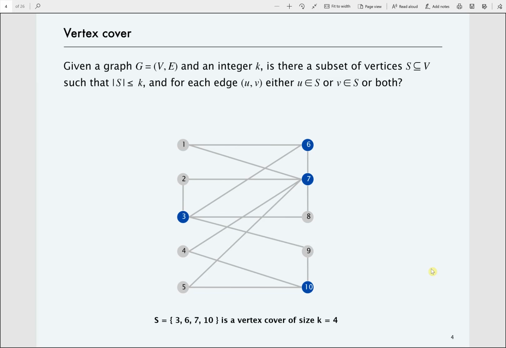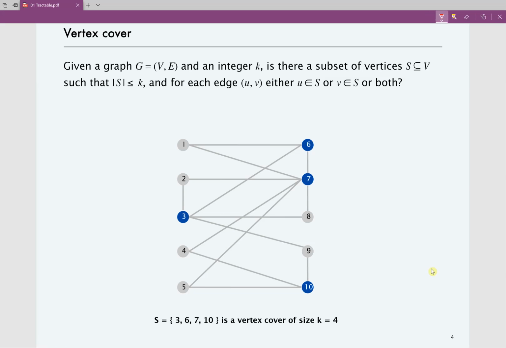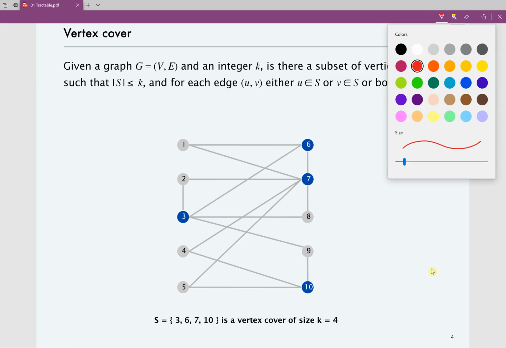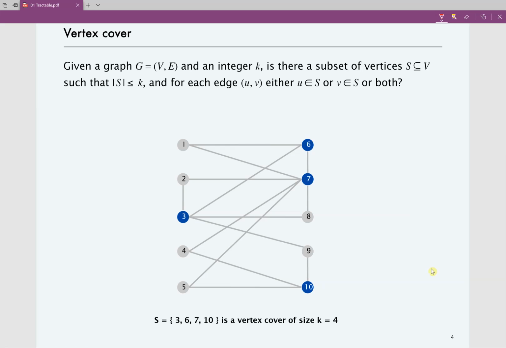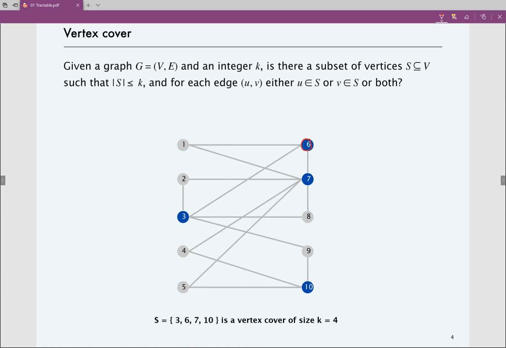For example, if we take node 6, it covers some of the edges in the graph, namely the ones adjacent to 6. So node 6 covers these 3 edges. Node 7 also covers this edge, and some additional edges.